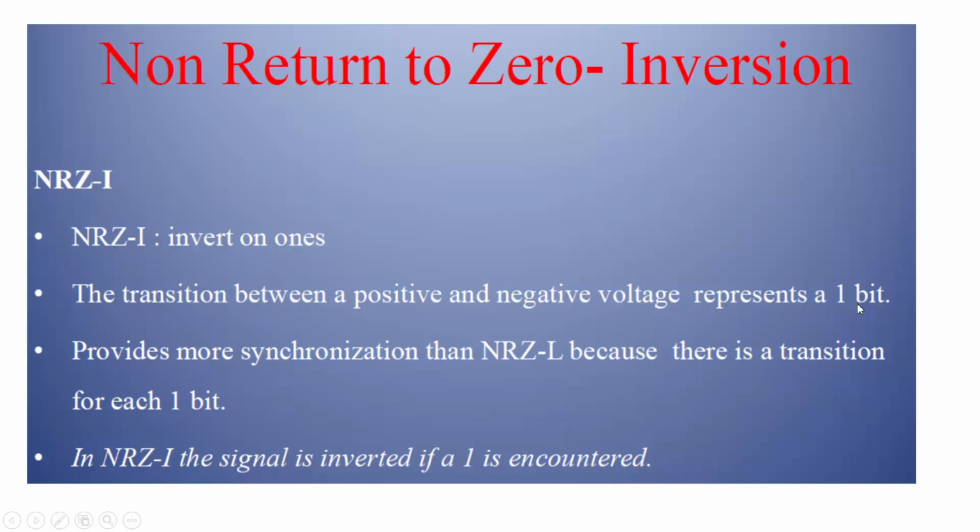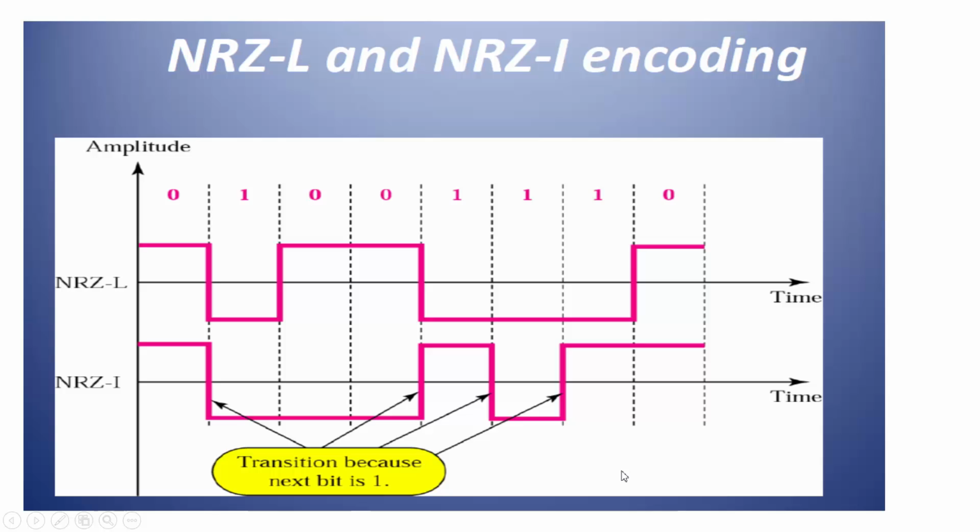Whenever there is a transition between positive and negative voltage, it represents a 1. It provides more synchronization than NRZ-L because there is a transition for each one bit. Once the transition is there, the clocking edge will be there, so it will lead to more synchronization. So in NRZ-I, the signal is inverted if a 1 is encountered.